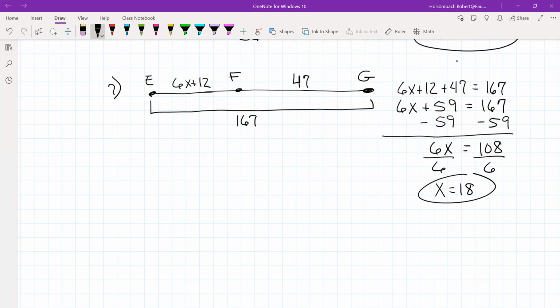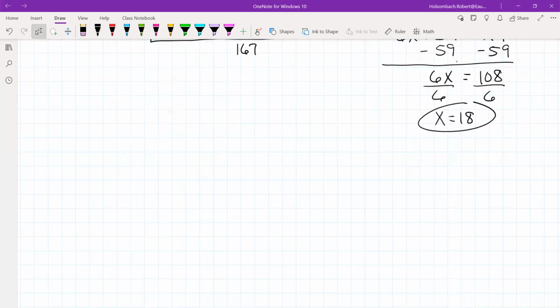All right, we got 3 more problems to do for today's portion of the study guide. We're on number 8. E, F, and G again.